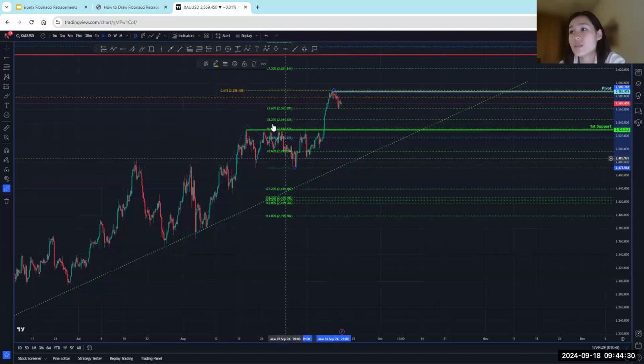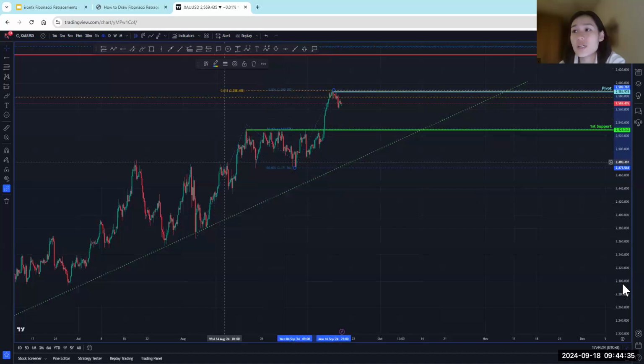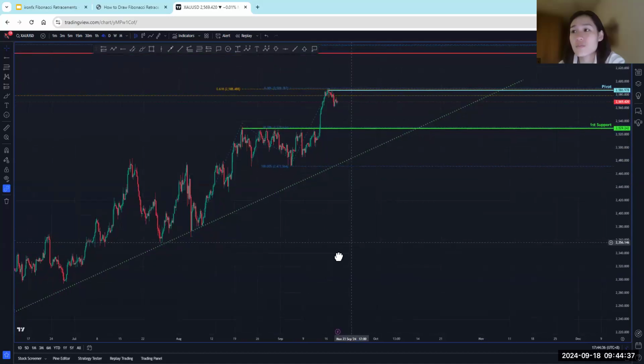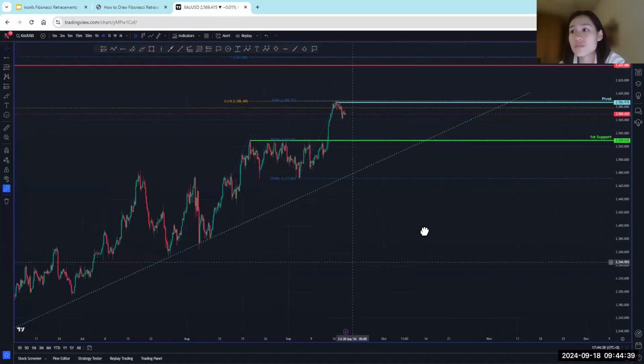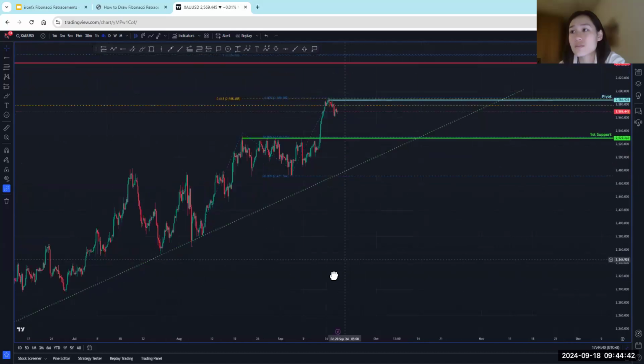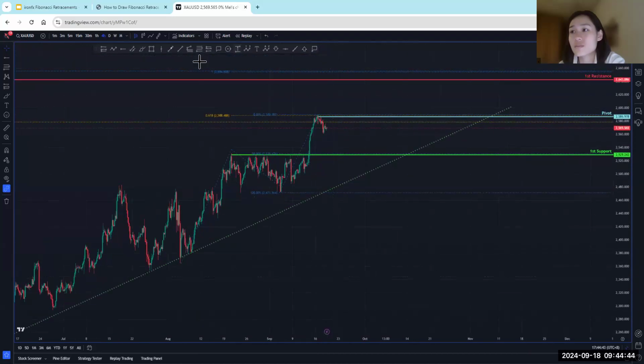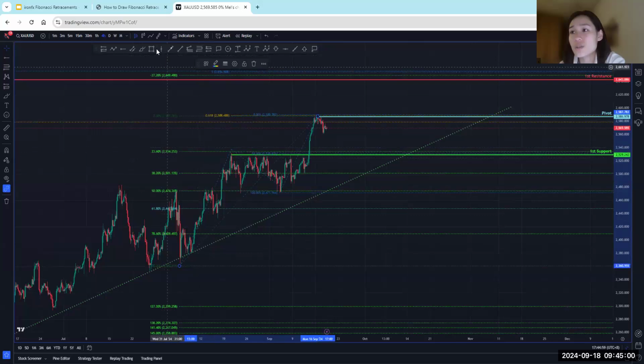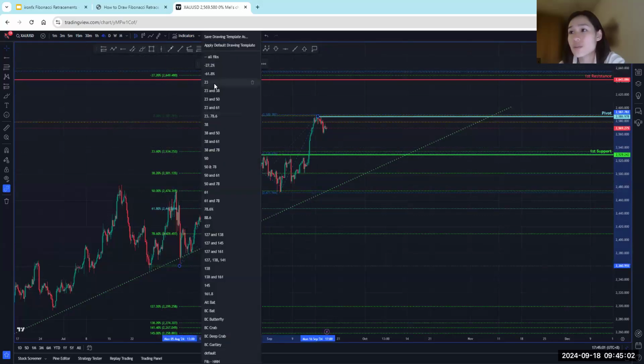Okay, so you can see my 50% lines up nicely with my first support. So I'll just keep that. My 23.6 also lines up with my first support.